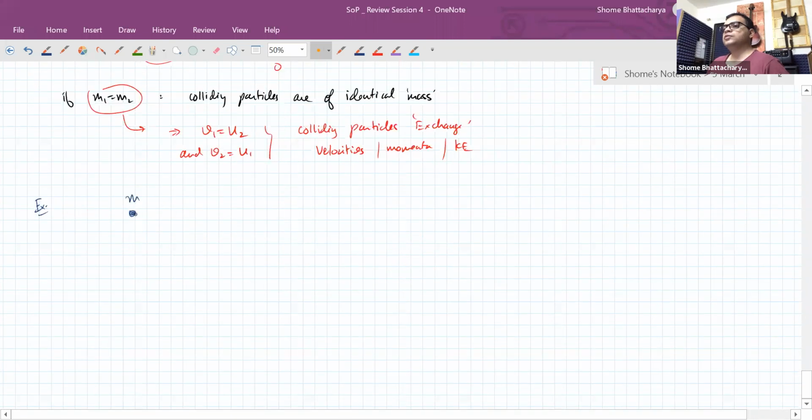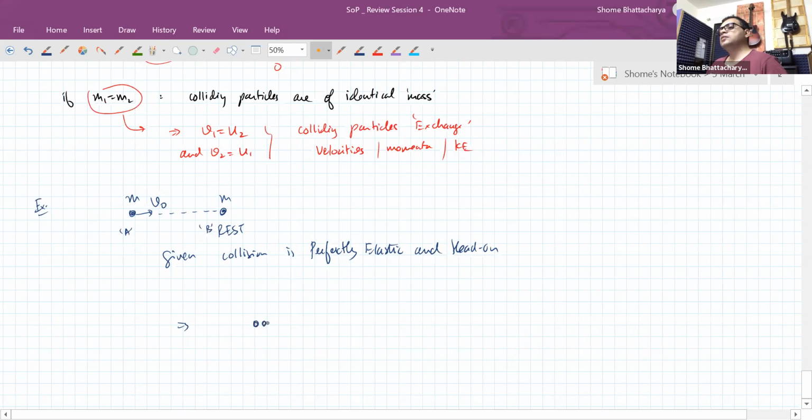a particle of mass m moving with v naught, initial velocity, comes and hits another particle at rest, and it is given to us that the collision is perfectly elastic and head-on. Then we'll know that immediately after impact, suppose these are particles A and B, the particle B will have the velocity v naught, and the particle A would have come to rest, because v1 becomes u2, which was 0, and v2 becomes u1.